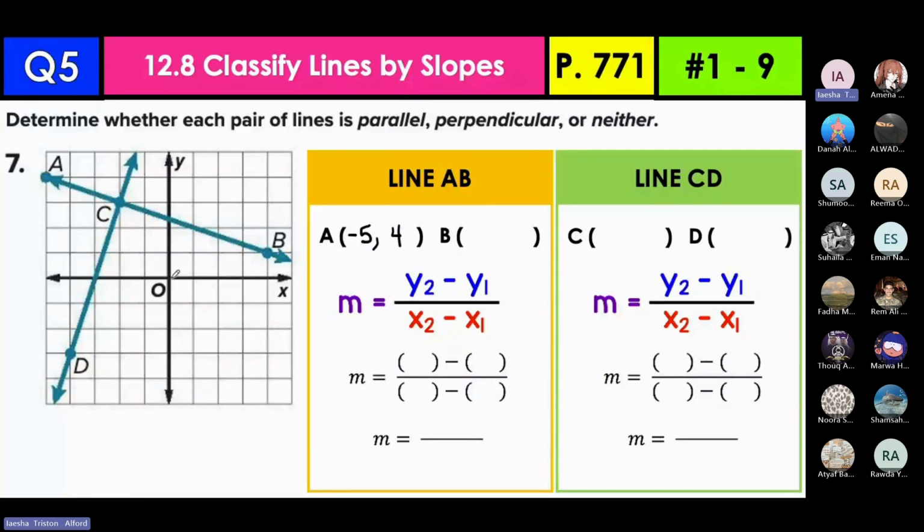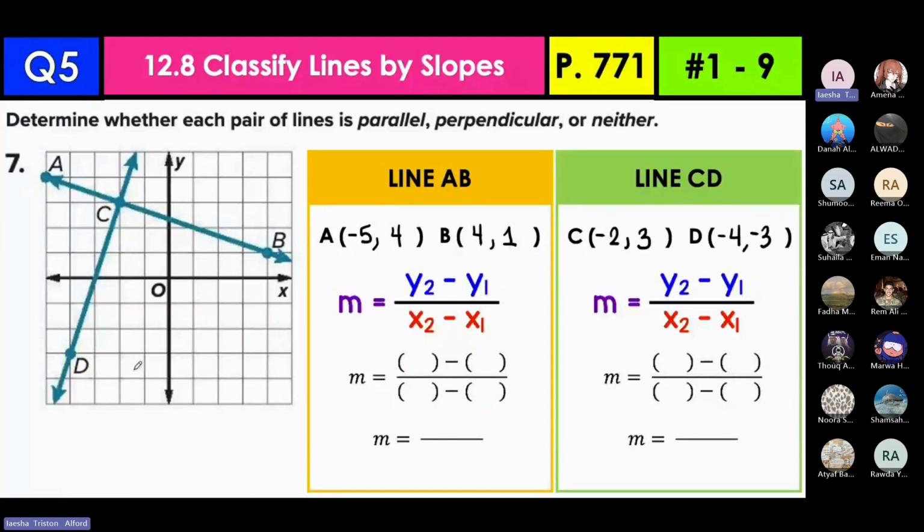Where is B? We're going right 4, +4, and up 1. So +1. Where is C? You go left 2 and up 3. Where is D? You go left 4 and down 3.